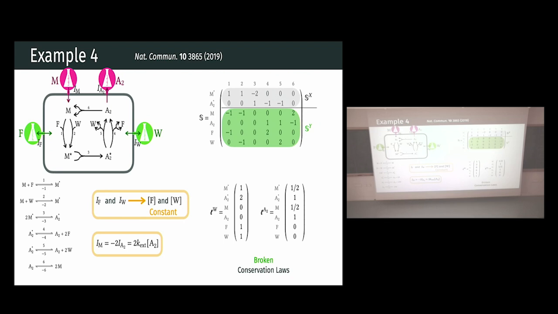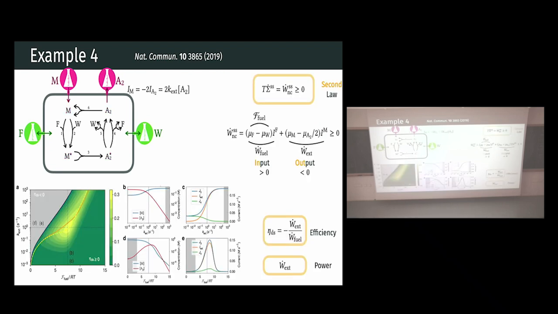So now you also break the other conservation laws, the one accounting for the moiety of the monomer. Okay, so you create two non-conservative forces, one accounting for the input of free energy by converting fuel into waste, and the other accounting for the output of free energy by converting monomer, a low energy molecule, into the assembled molecule, A2.